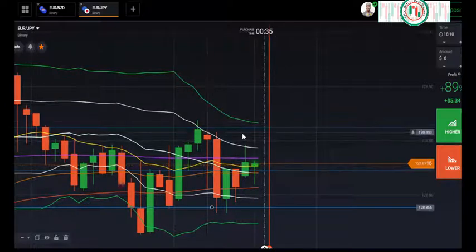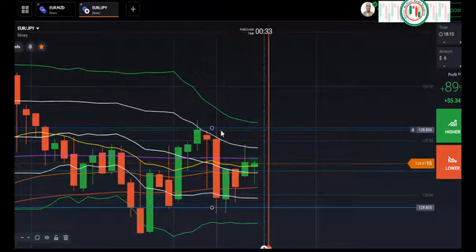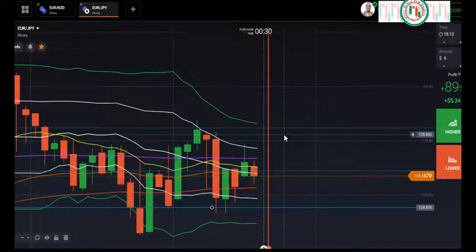So I'm still waiting for the market to come to this area or this area to place my trade.